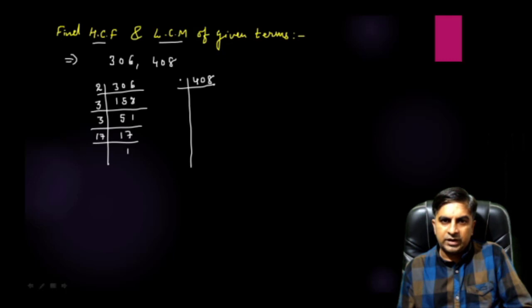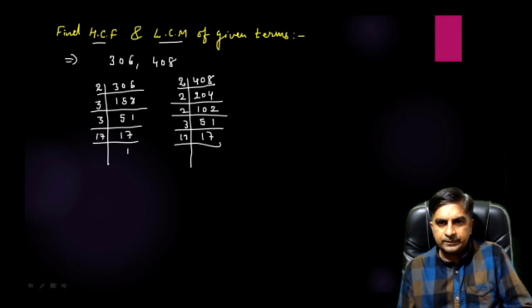Similarly we need to find the prime factors of 408: 2 times 204, 2 times 102, 2 times 51, then 3 times 17, and 17 times 1. These are the prime factors of 408. For HCF, first we need to see the common terms in both. 2 is common, 3 is common, and 17 is common.